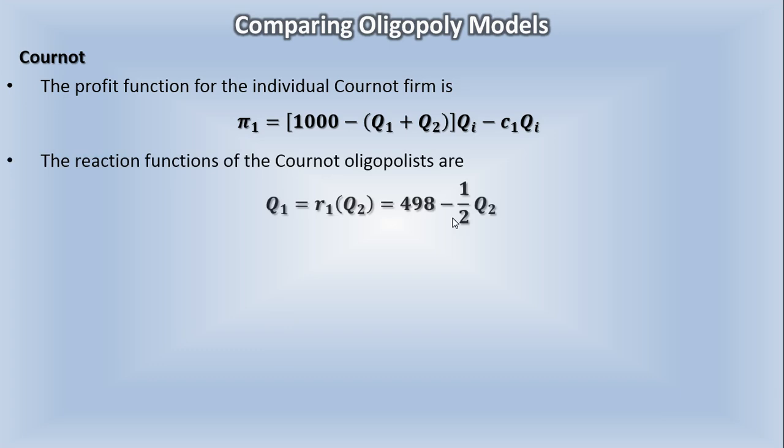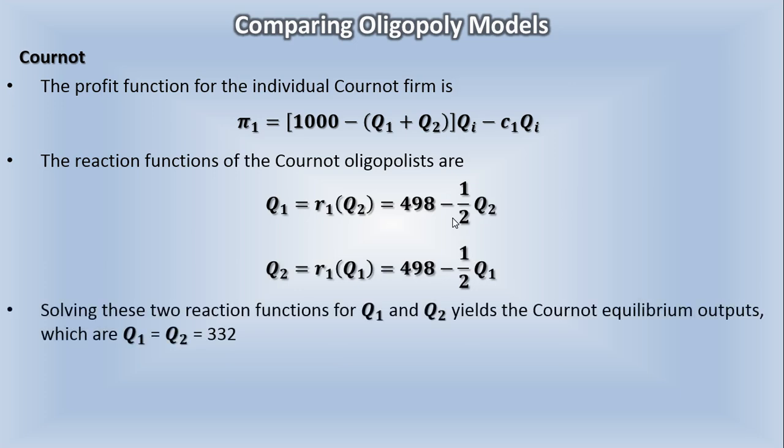The reaction functions for the Cournot oligopolists in this market are going to be 498 minus 1/2 Q2. I'm not going to solve for them because I've already solved for this stuff enough times. If you want to solve for them, please go ahead and do so to get some practice. Anyway, these are the reaction functions for the two Cournot duopolists in this case. Solving the two reaction functions gets us to output of 332 for each firm.